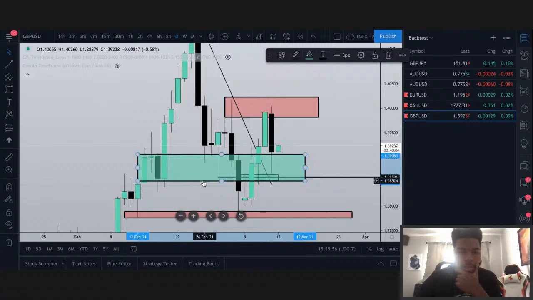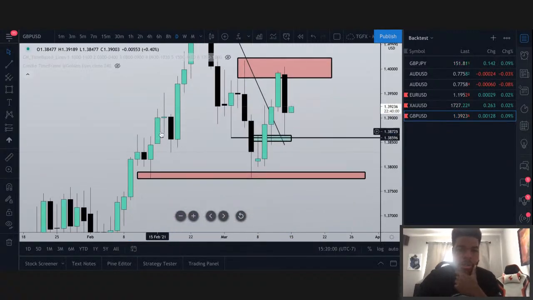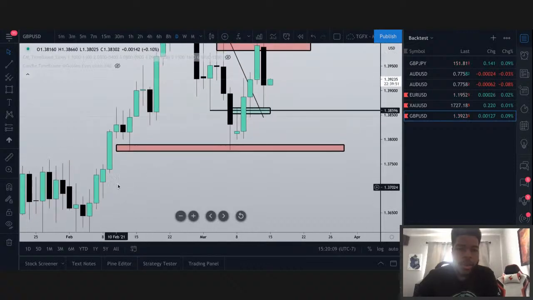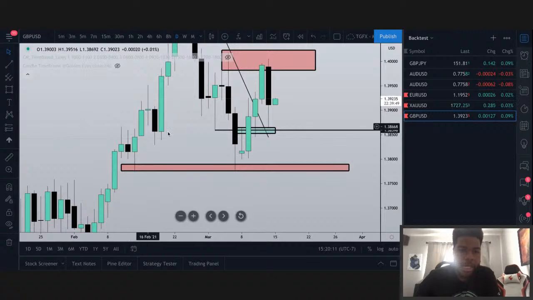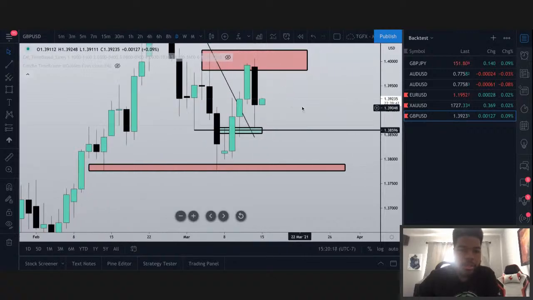Now, just because it came lower here, you've got to remember this is not a break of structure because it's only a one candle pullback. So that's not a break of structure. Price can come all the way back down to this level before actually breaking structure. So it can find demand at any of these levels. All right, so demand was found here and we got that nice bounce off of it.